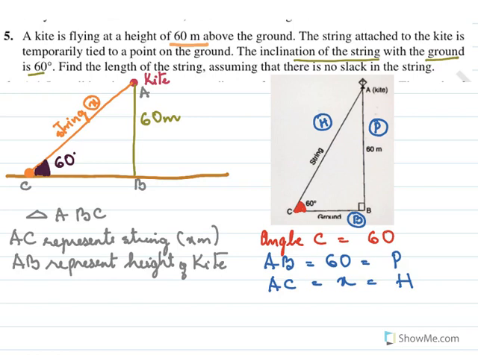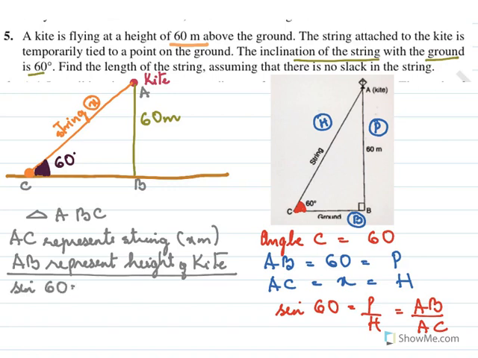So there is perpendicular and hypotenuse, so we need to use sine. Sine 60 is perpendicular over hypotenuse. In this case, perpendicular is AB and hypotenuse is AC. So I'll continue it out here on the same slide.